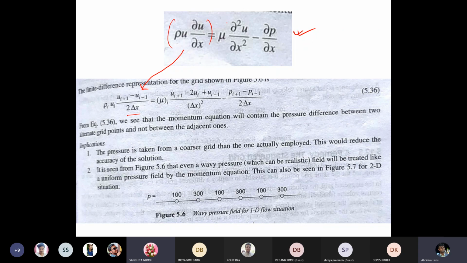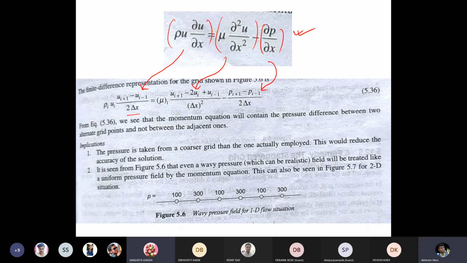The diffusive part is again discretized with the central difference scheme in this way, and the pressure term is also discretized in this way. So in the finite difference method, we can simply convert this differential equation to an algebraic equation. This is the standard case, right?